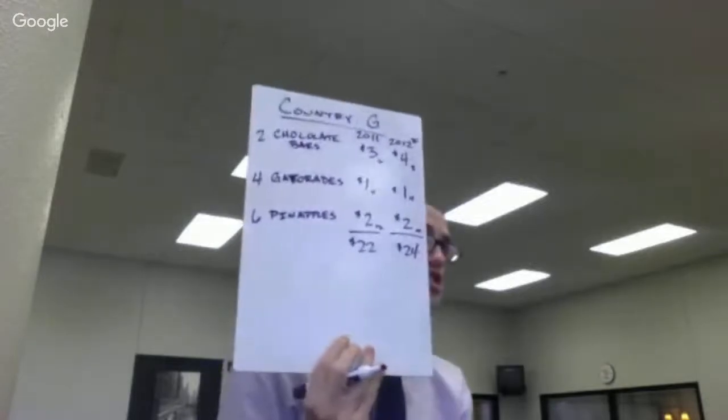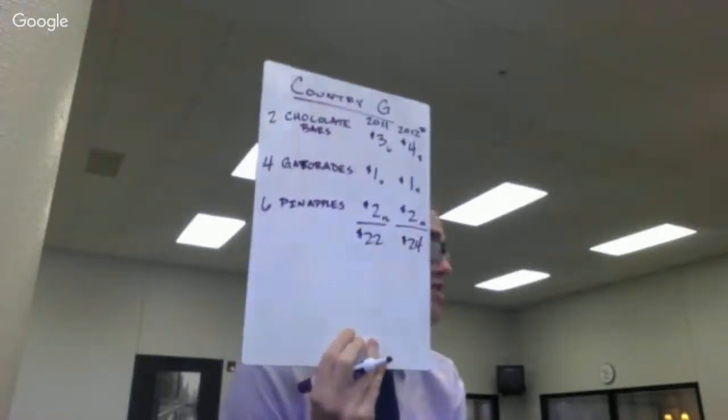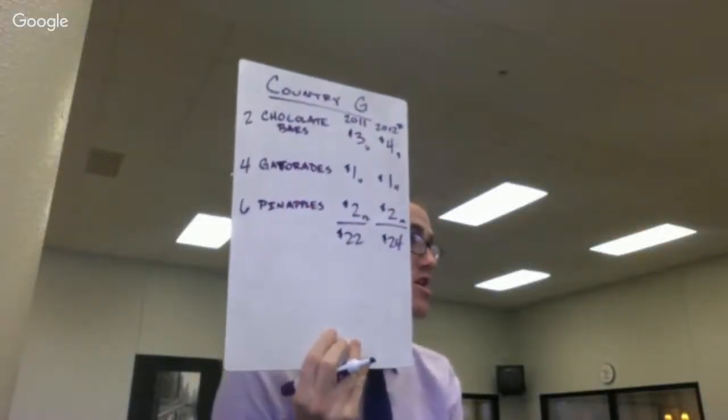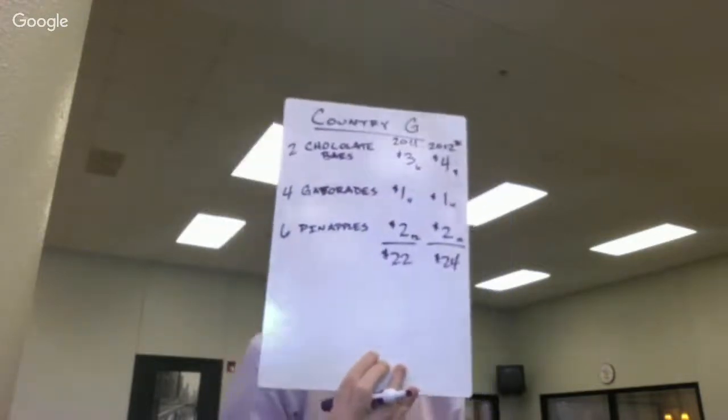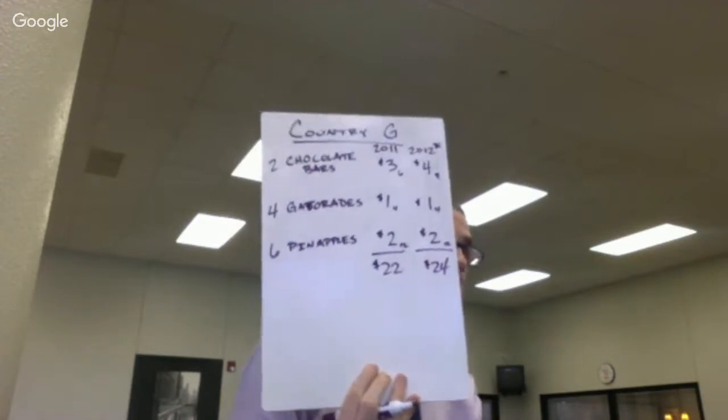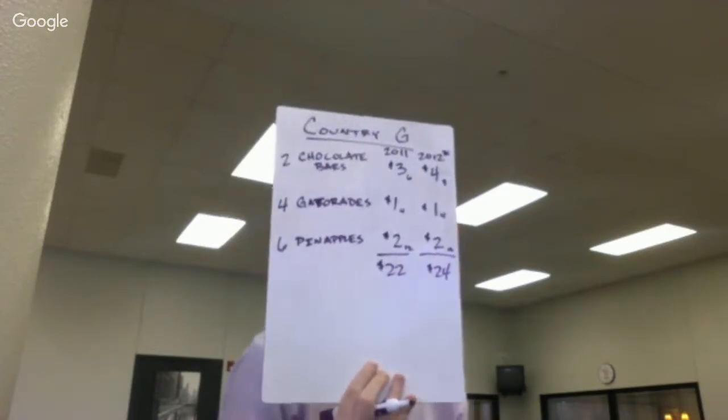All right, so your market basket should have a value of $22 and $24. We're using 2012 as our base year because I said so. College Board will tell you which one to use as your base year as well.